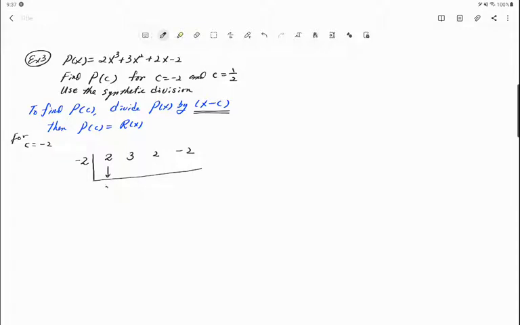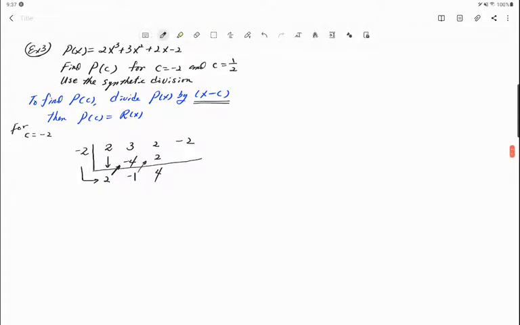Then bring the first one down, multiply, then put it here. So negative 4, then add it, negative 1, multiply, positive 2, add it, 4, multiply, then negative 8, add it, so negative 10. So look at this.